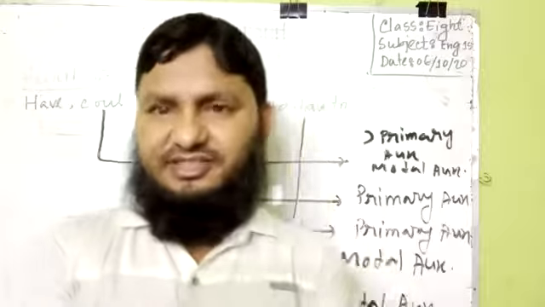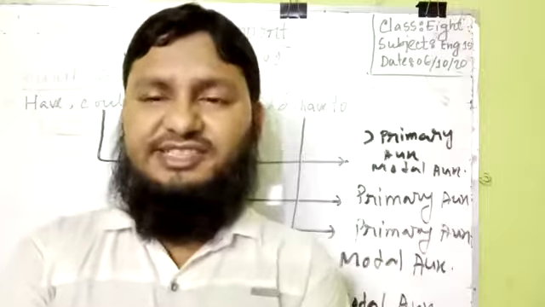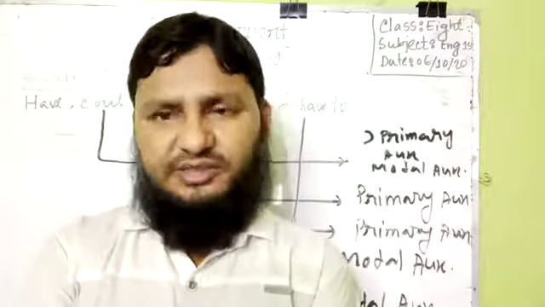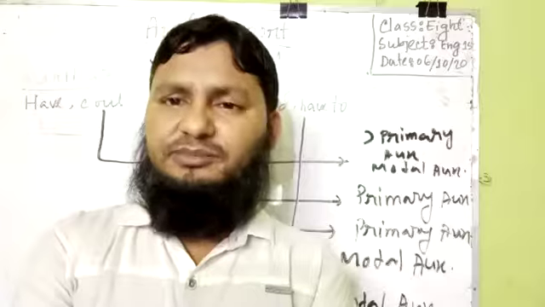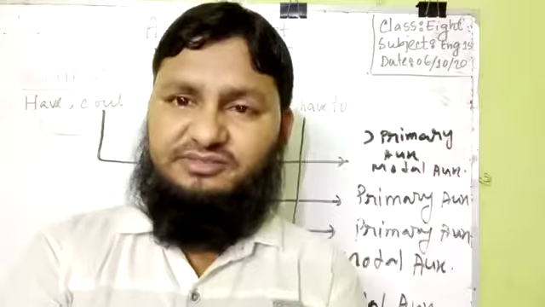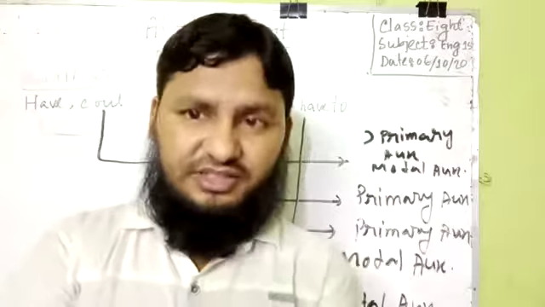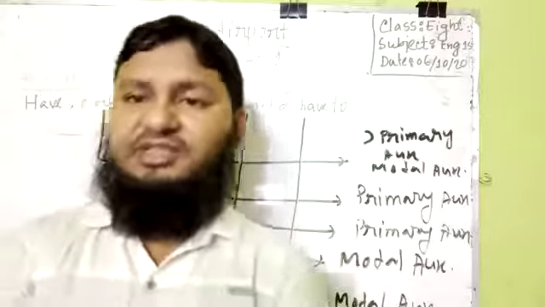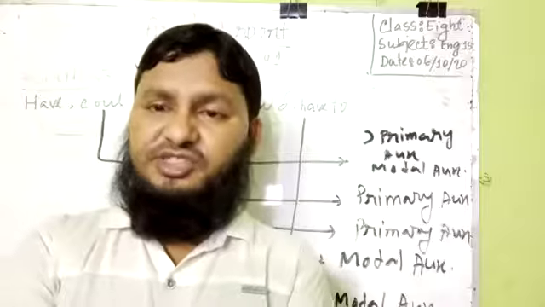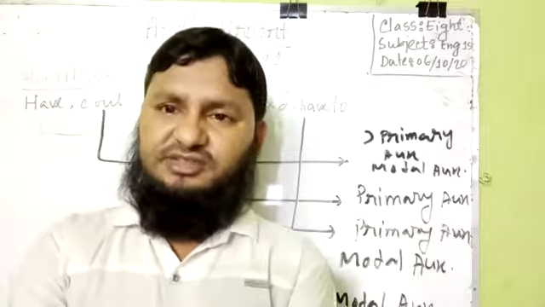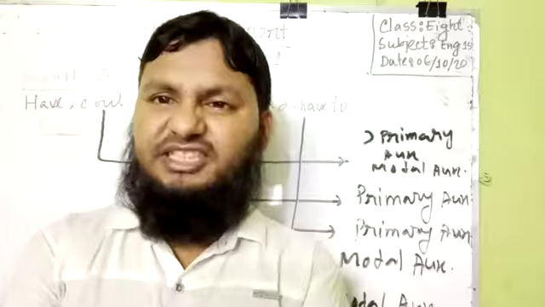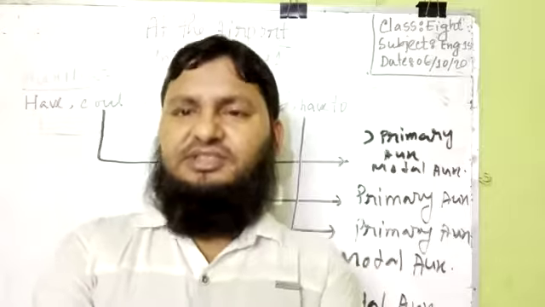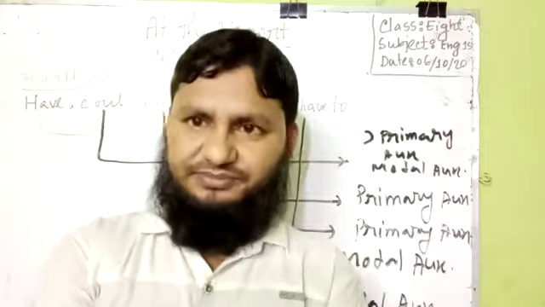The answer is that there are some auxiliaries in English grammar which can be used both as an auxiliary and as a main verb. On the other hand, the auxiliaries which are used just as an auxiliary and which do not have any quality to be used as a main verb are called modal auxiliary.